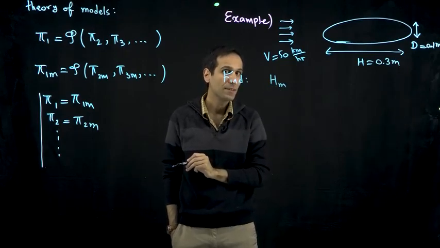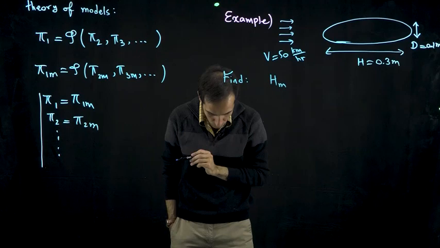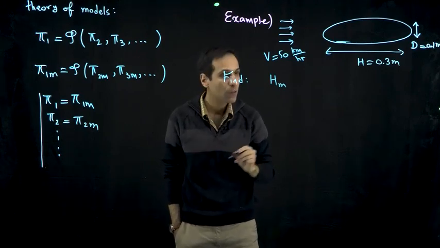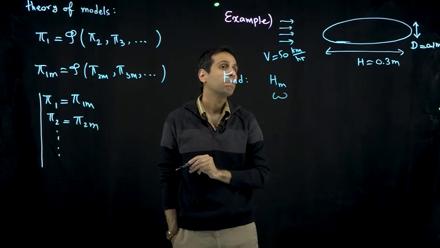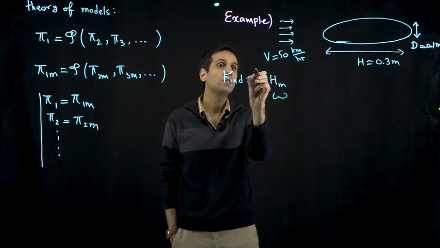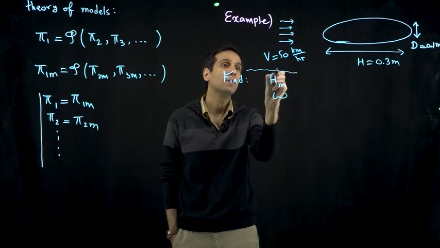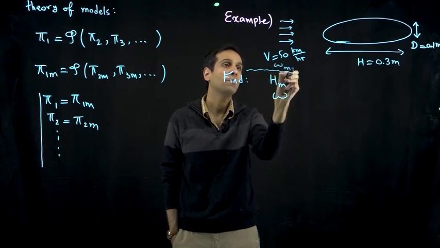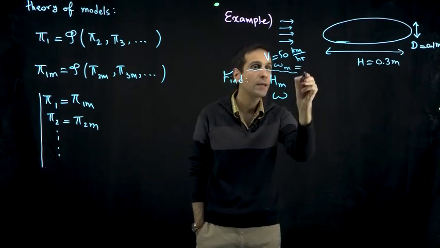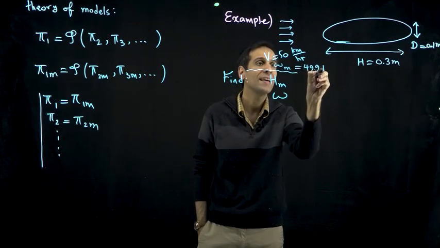This is the first of all. Secondly, I need to know the omega, the frequency of the prototype, because the frequency of the model is given here. Omega of model is given as 49.9 hertz.